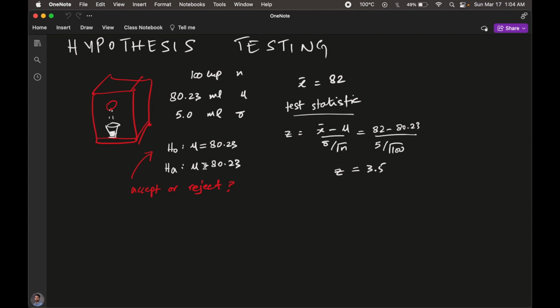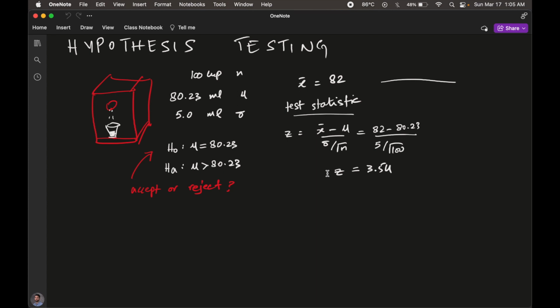Now notice this is what the normal curve really looks like, and if we look at it in terms of the x values, the average value was 80.23, right? And on a z axis, this would equal 0. So that would be the mean. Okay, this is going to take a minute to show up.